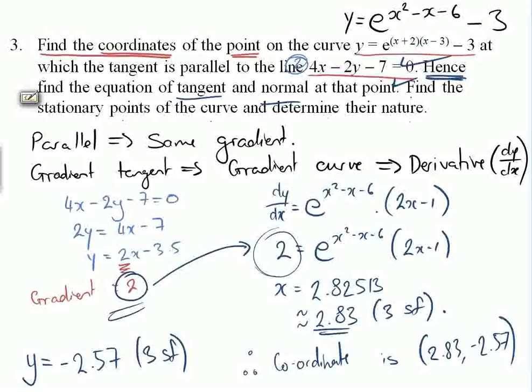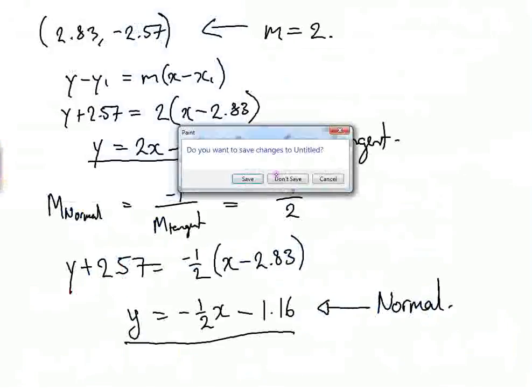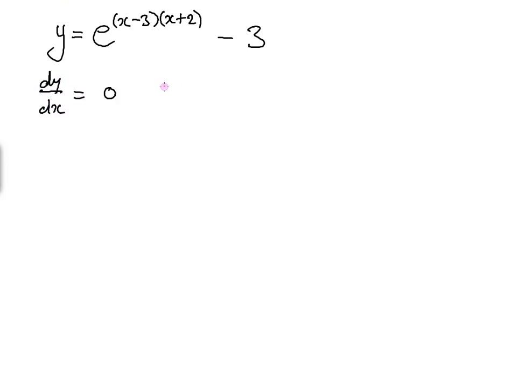Okay, now we get kind of tricky. So let's go back here. What was our curve initially? It was y is equal to e to the x squared minus 3x plus 2, all minus 3. And we're asked to find the stationary points. So you know at the stationary points, dy by dx has to equal 0.